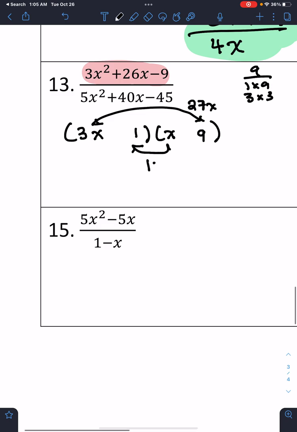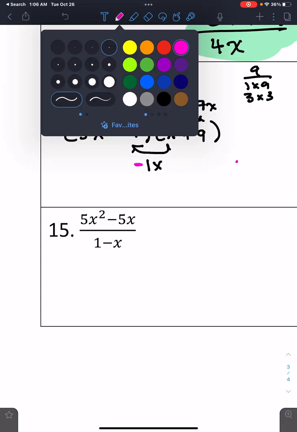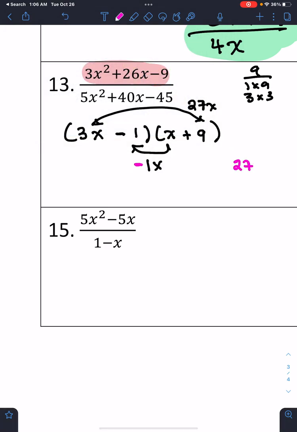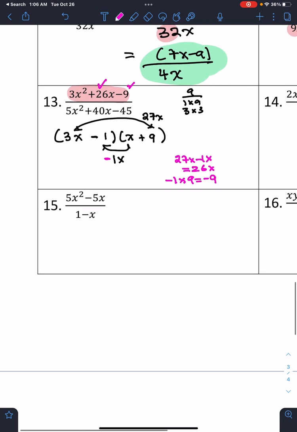And that's 1x. And you see now if I make this positive and I make this negative, then 27x minus 1x is 26x. -1 times 9 is -9. And that checks off both boxes. So I know that this is true.